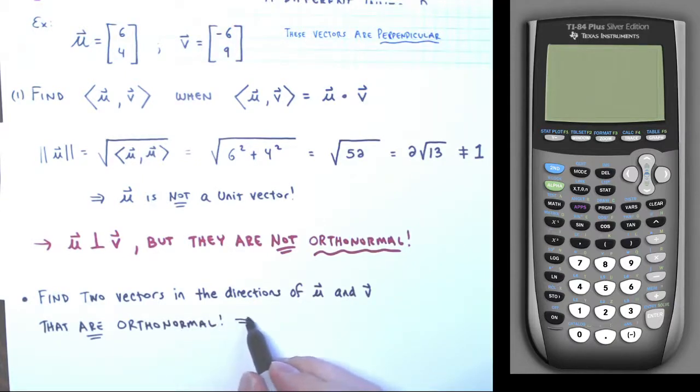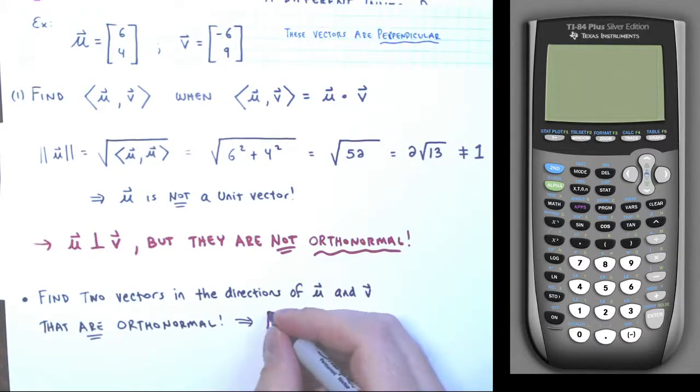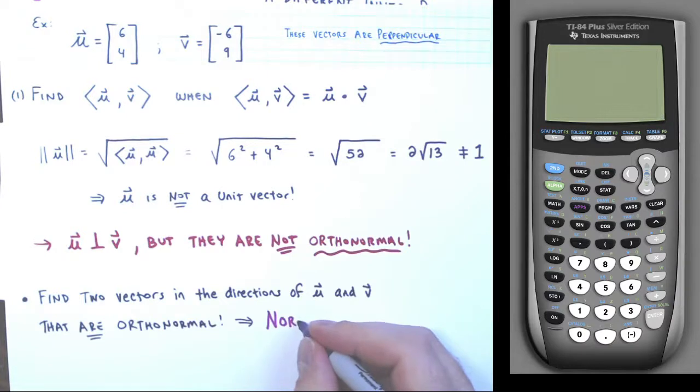Well, that's simply a matter of normalizing these vectors. I brought this up in a previous video. To normalize a vector is to simply find a unit vector running in the same direction, which is just a positive scalar multiple of the original vector.